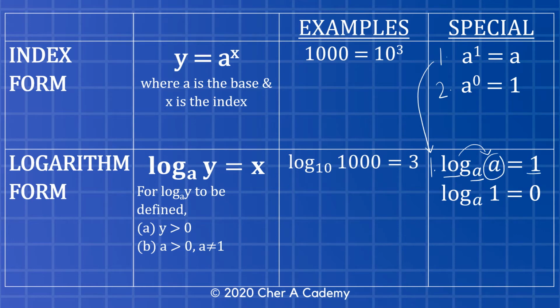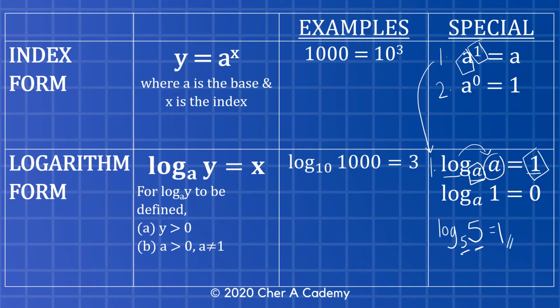So this a came from here, which is the base, and 1 is the kite, the index. Which means to say, if I have log base 5 and I log 5, my answer is 1. If these two numbers are the same, my final answer will always be 1.